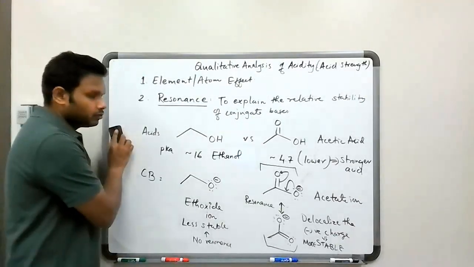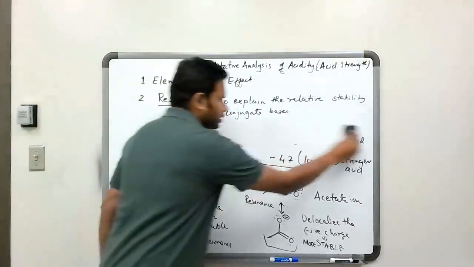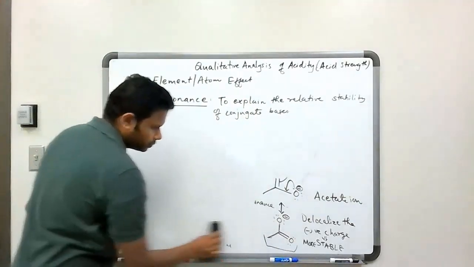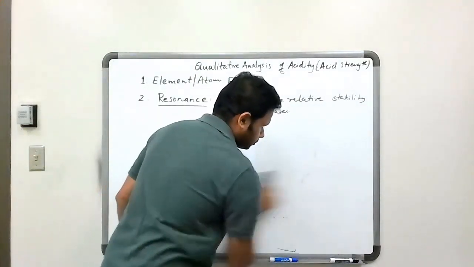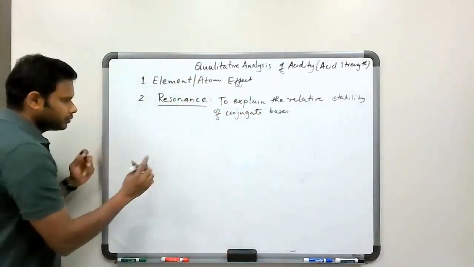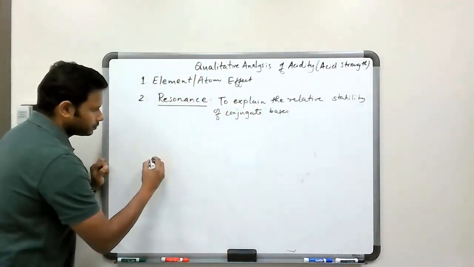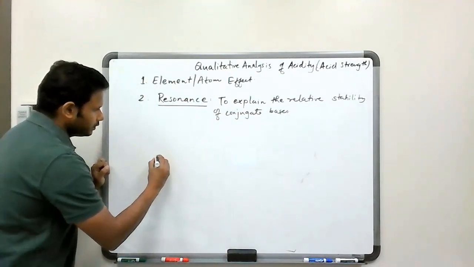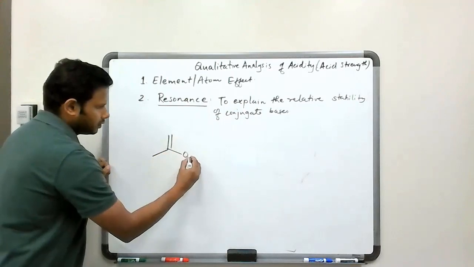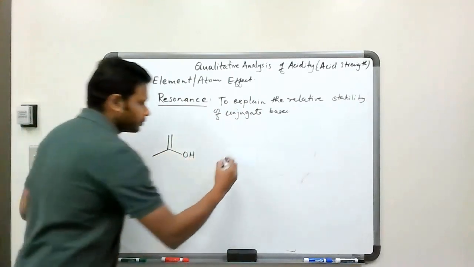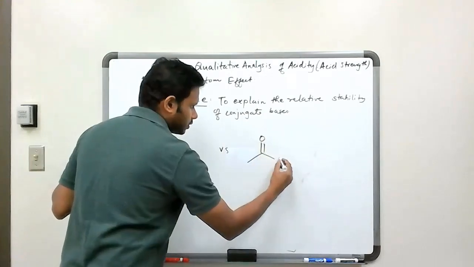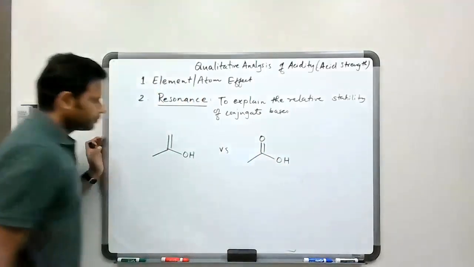Let's look at another example on resonance again, and maybe we'll compare two structures which can both do resonance. So let's think about two acids. Let's say we have a double bond OH versus a double bond OH.